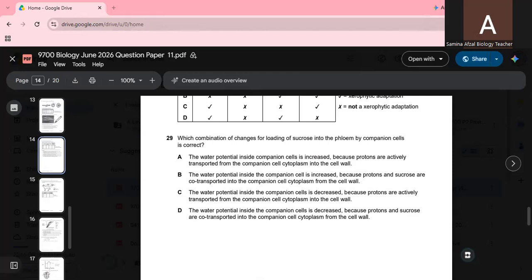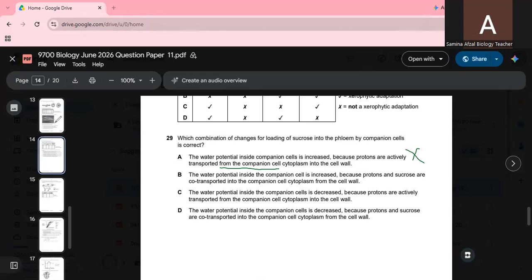Here the protons are actively pumped out of the companion cell cytoplasm into the cell wall using ATP. So this option is not correct.